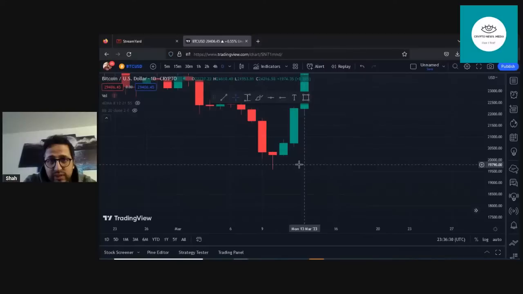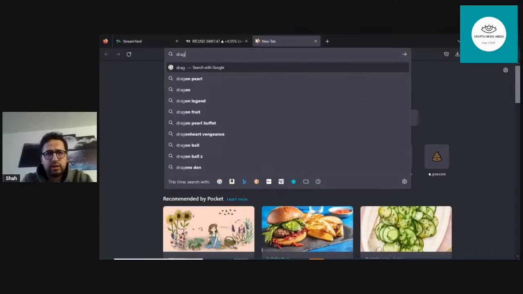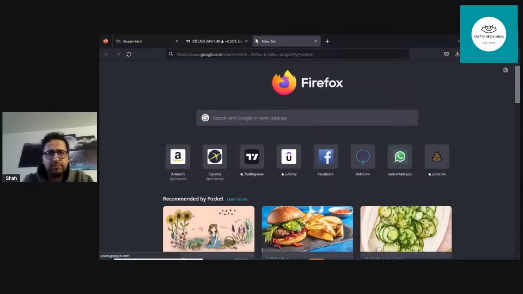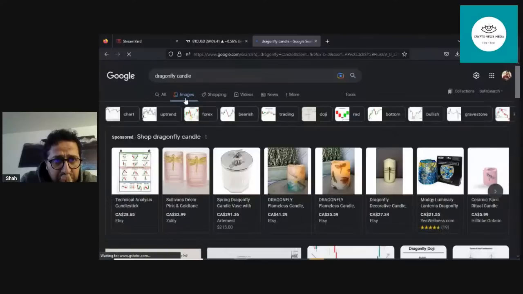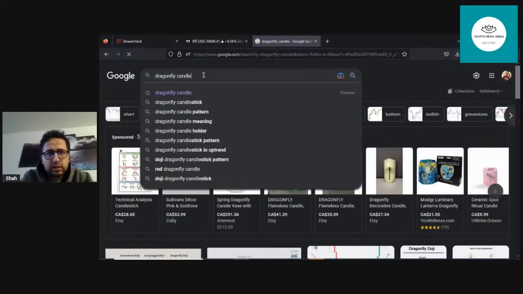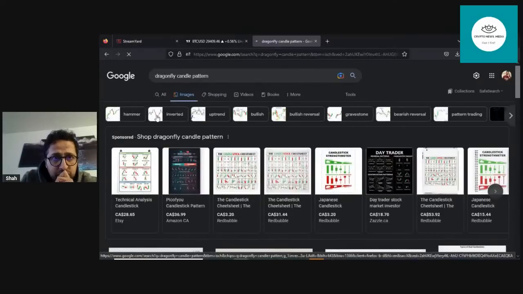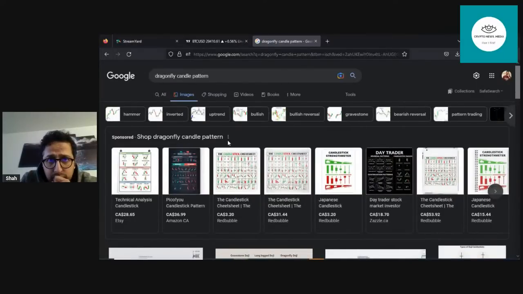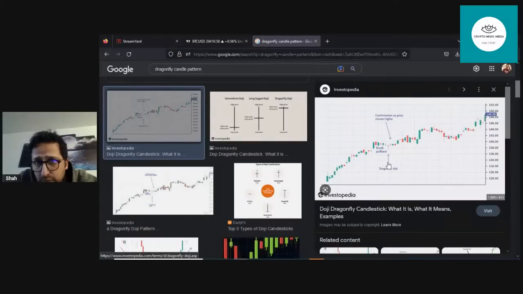So when this appears in a downtrend, let me Google it actually. This is dragonfly candle. Let me look at the image. Oh, here they are. Yeah, there you go. Dragonfly doji. So this is the candle that we are looking at.